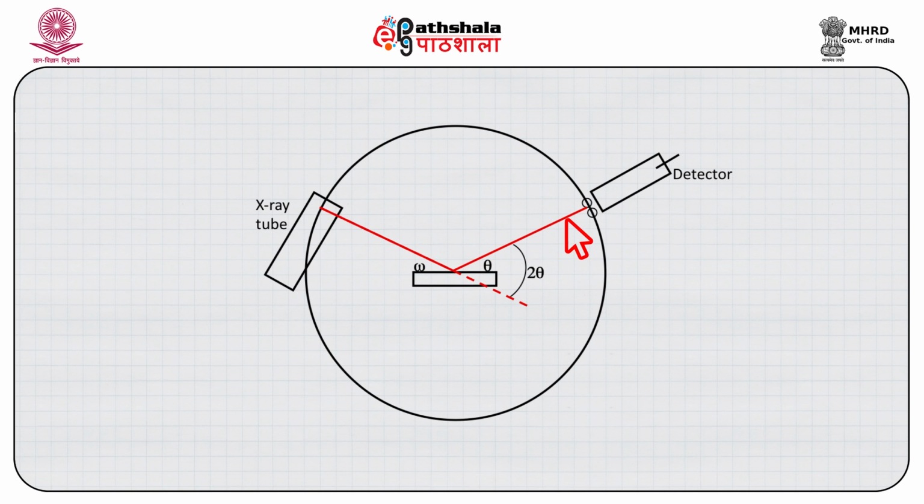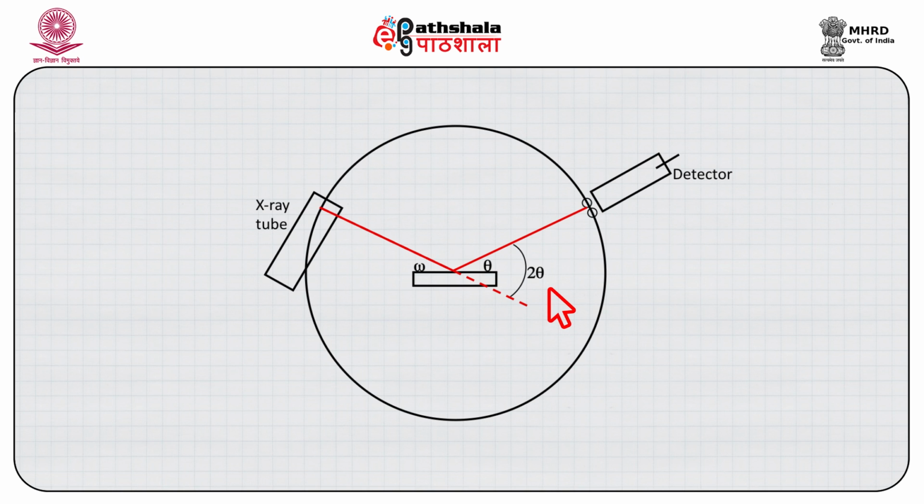However, the diffracted angle actually is, as you can see, twice that of the angle on the incident X-ray. So, the instrument is sometimes also known as 2 theta instrument, where the detector is placed and the angle which the sample is making with the X-ray tube, that angle is 2 theta.